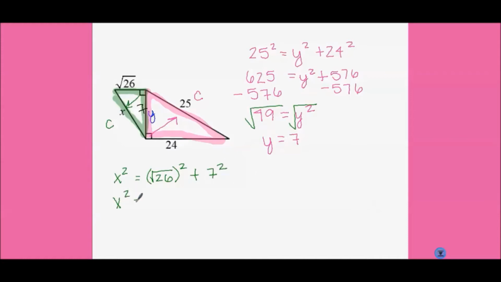Bring down our x squared. Square and square root undo each other, so this would be 26 plus 7 squared is 49. So x squared equals 75. Square root both sides, and we get that x is approximately 8.66.